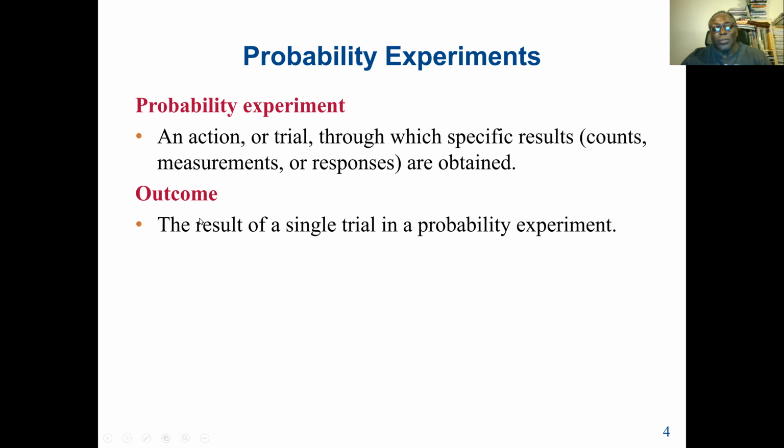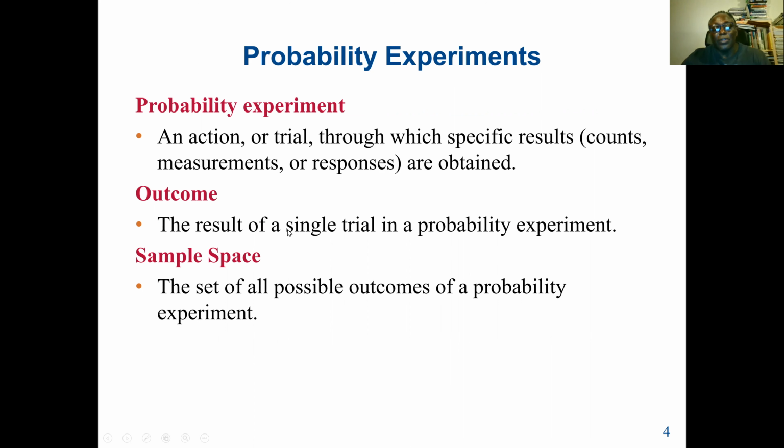Second is outcome. An outcome is a single result in a probability experiment. So if we do a probability experiment of tossing a coin once and I get head, head is an outcome. It has to be the result of a single try in a probability experiment.